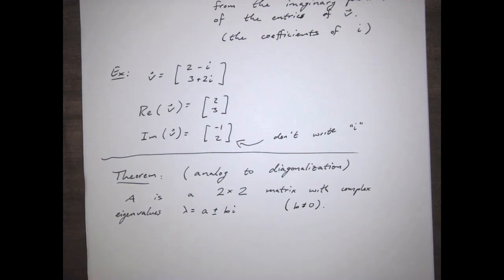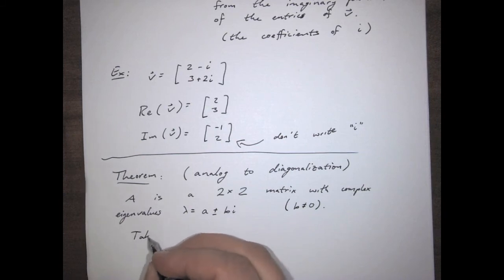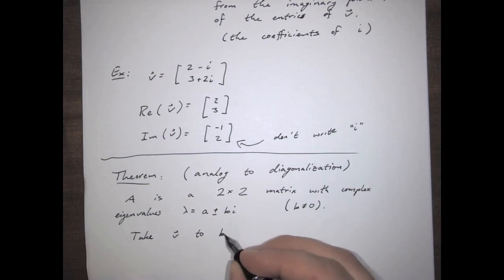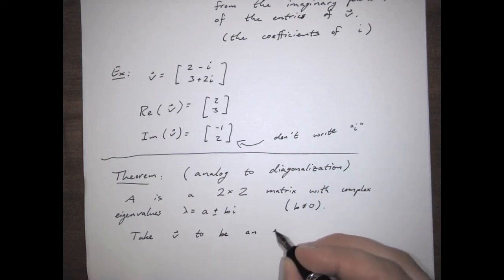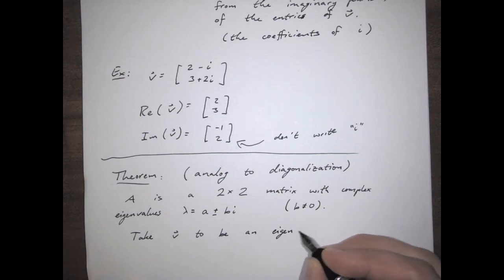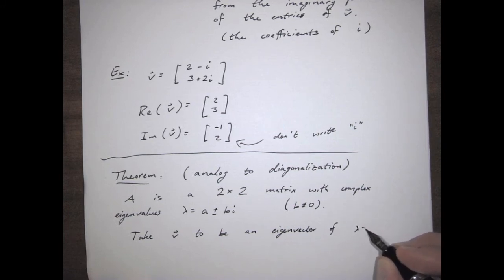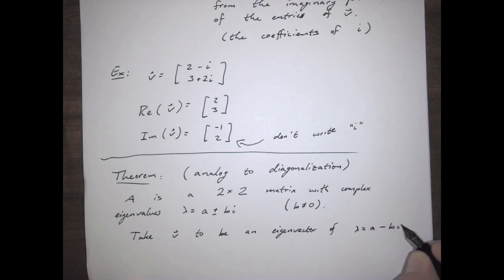Now take v to be an eigenvector of lambda equals a minus bi.